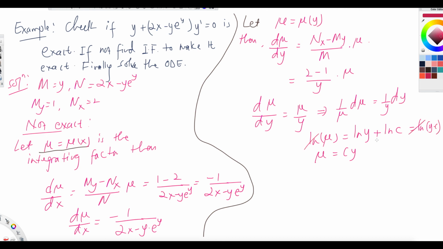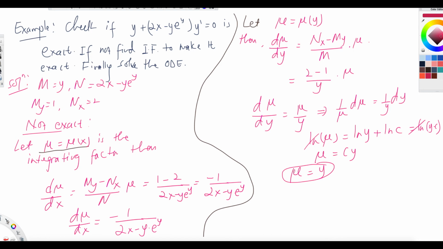But if mu equals 1y, 2y, 3y, all of these are solutions of this equation. So you don't have to write cy, just take c equals 1. You can write mu equals y. So this is the integrating factor we got.